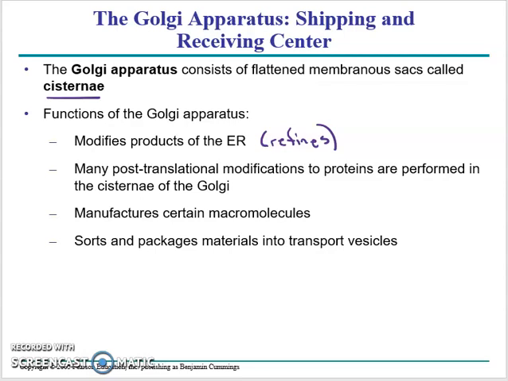So that would be fats and carbs, right? And then it also sorts and packages materials into transport vesicles. So a lot of people call the Golgi apparatus kind of like the UPS store, right? They're taking these things the cell makes, packaging them up and shipping them out sometimes or around the cell sometimes so that those materials can be used, right? So that's really what the Golgi apparatus does.